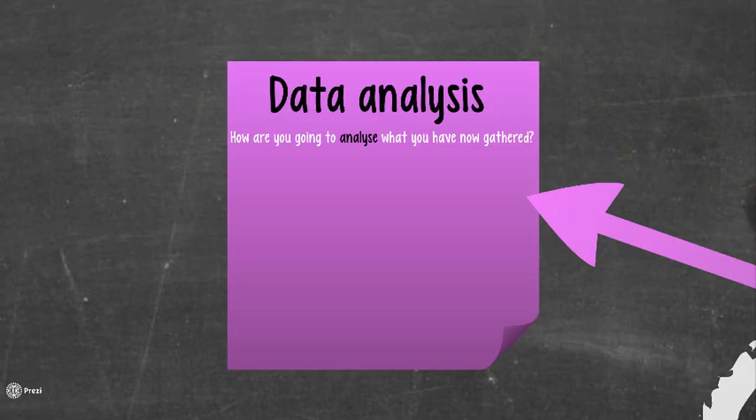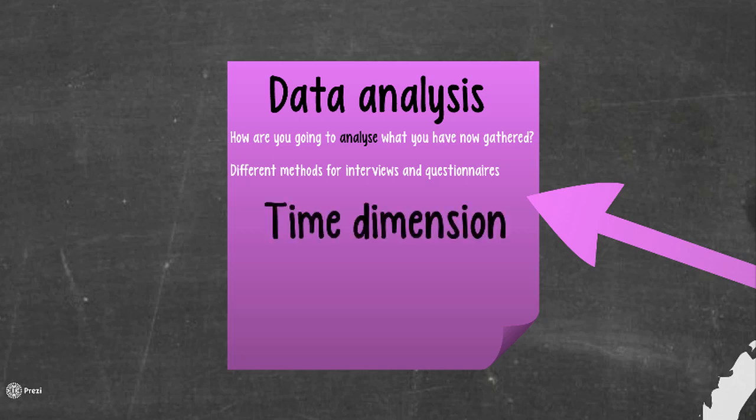Data analysis shows how you will analyze the things that you find from the data gathering techniques. Now, the different methods for interviews and questionnaires apply. Then you will have to look at the time dimension, the cross-sectionality of your study, and lastly, you will have to deal with the limitations of your research.